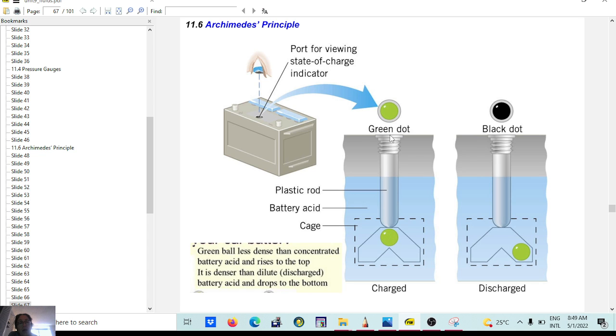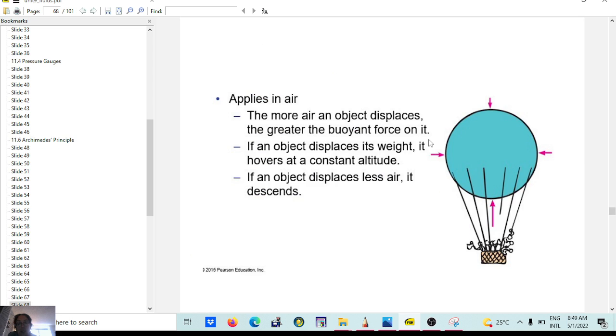So when you put your eye here, you're going to see green. But when the acidity gets less dense, like the bubbly water, for example, that thing is going to sink and you don't see it anymore. So you don't see green, but you're going to see black. So that means your car battery is discharged.